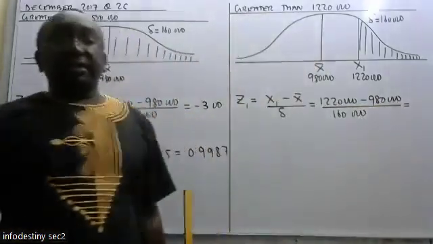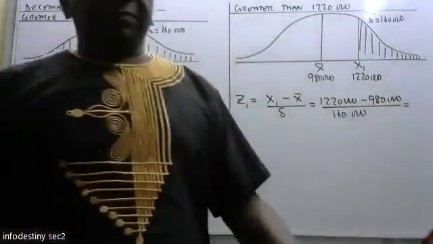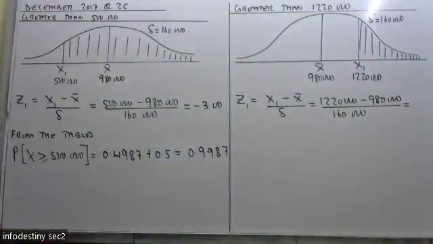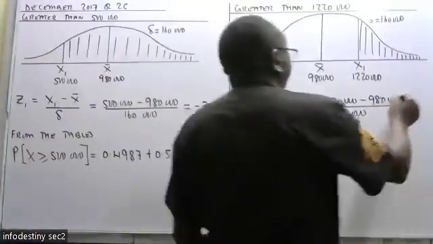Give me that answer to two decimals. 0.15.